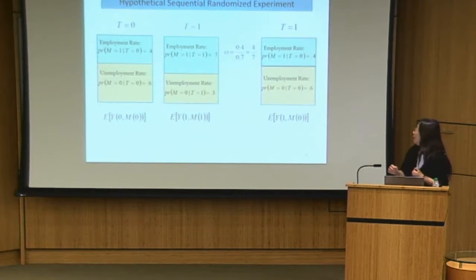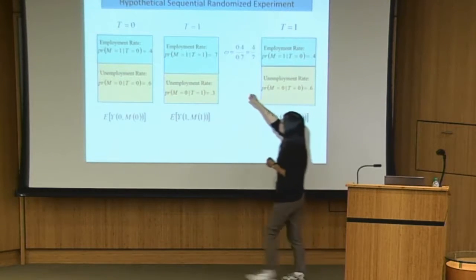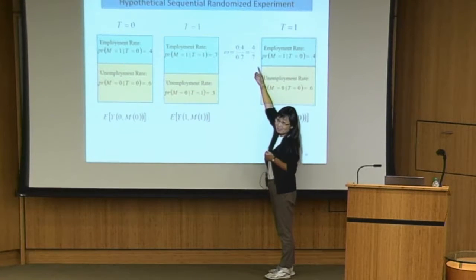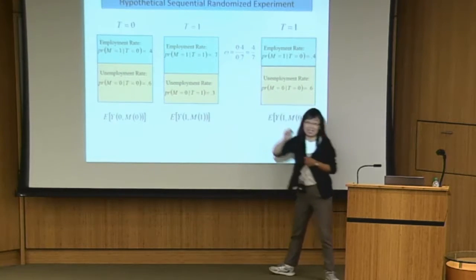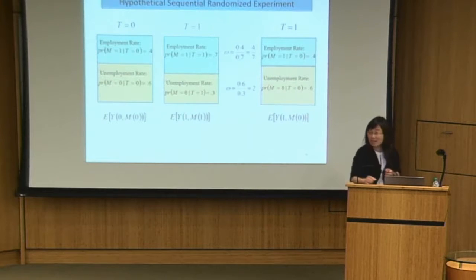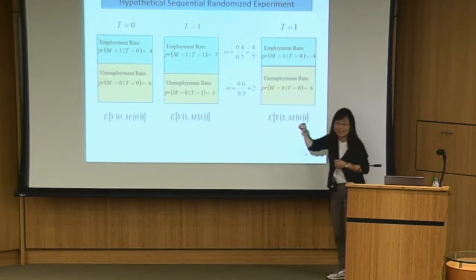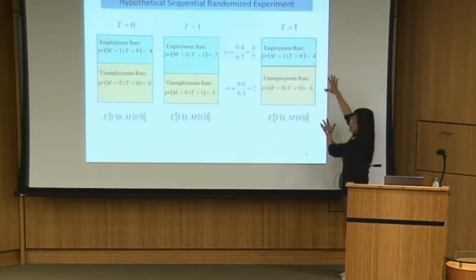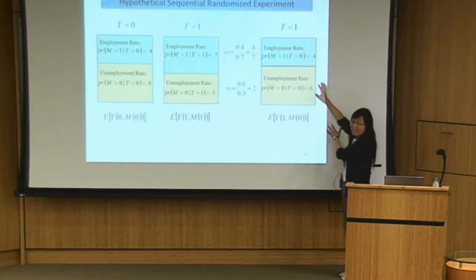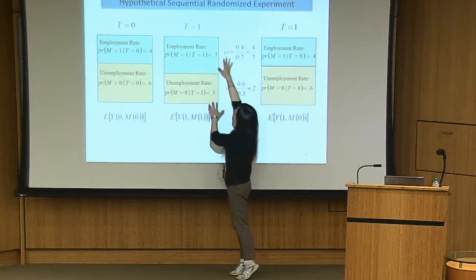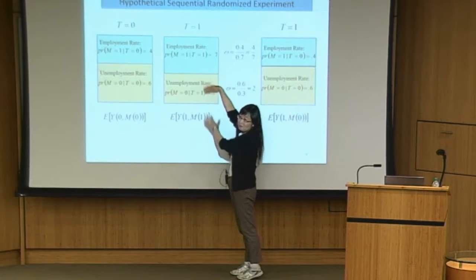So everybody who is employed in the treated group receives a weight of 4/7. And everybody who is unemployed in the treated group receives a weight equal to 2. That's very straightforward, right? Then all of a sudden, the transformation is done. And then remember, the employed people and unemployed people, because of the second stage randomization, are comparable.